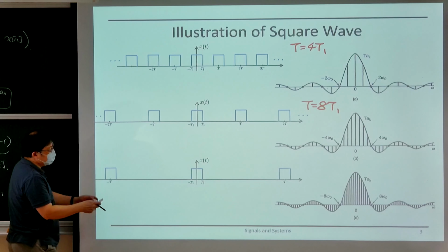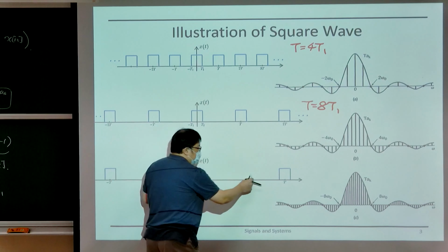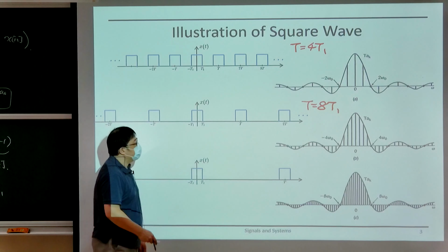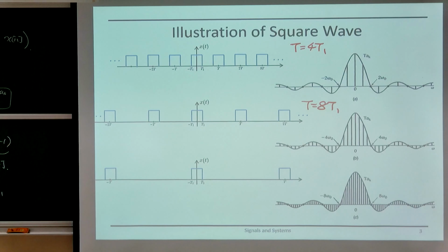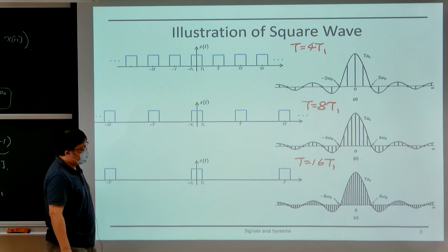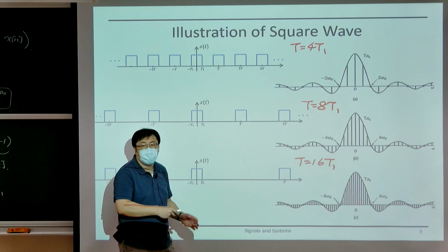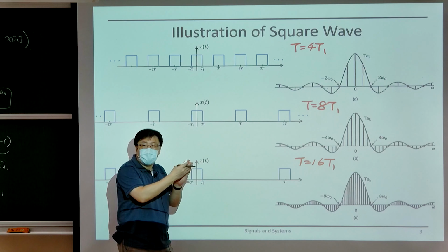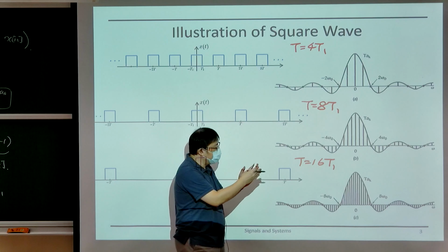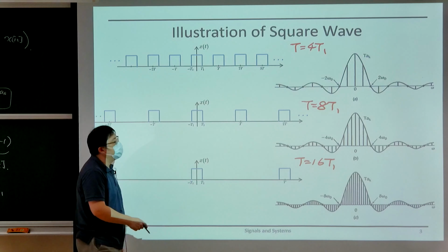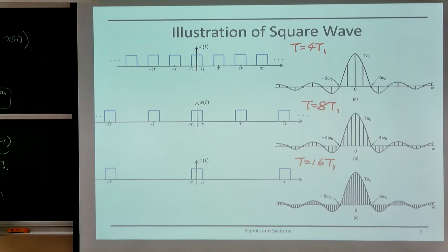Now, if we further stretch this, okay, more to T equal to 16t1, then you would be sampling the sinc function even more and more denser than before.